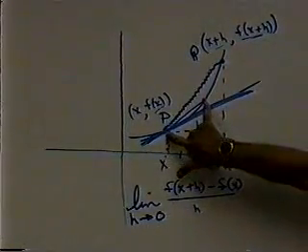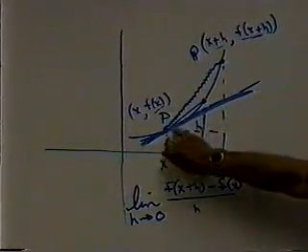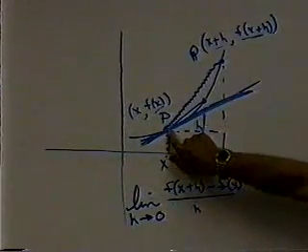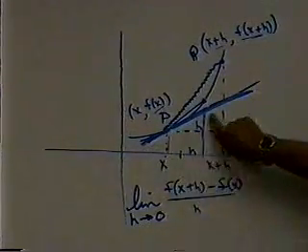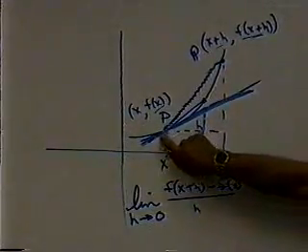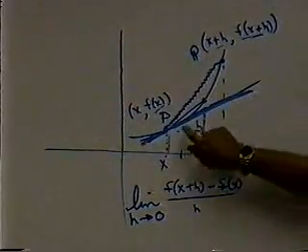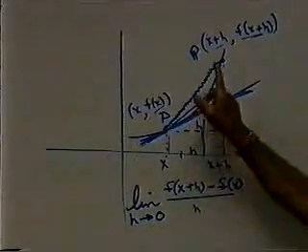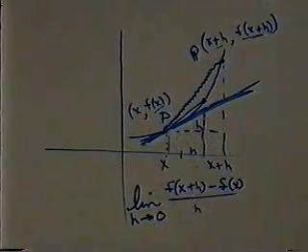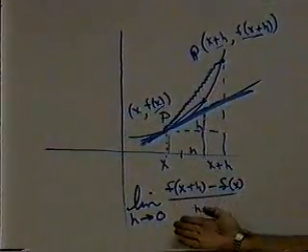When these 2 points become so close together that they're a single dot almost, then if you connect those 2 dots and extend it, it becomes the line that's tangent to this curve at this point. That's what that gives us then.